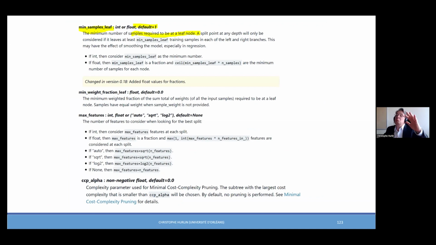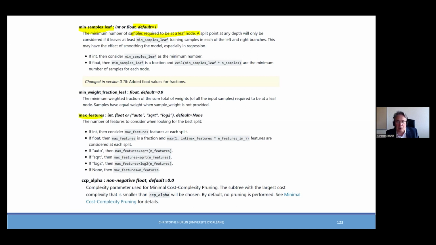The consequence is that maybe this leaf will not be representative of a new data set, and so maybe I have to control, either by the max depth or by this constraint, the general form of my decision tree.